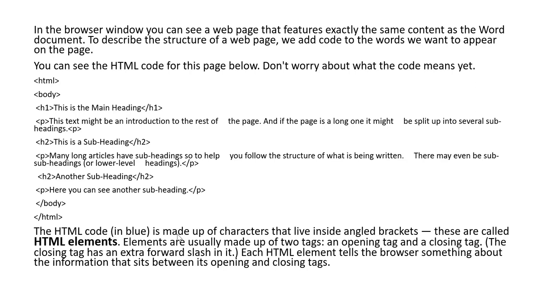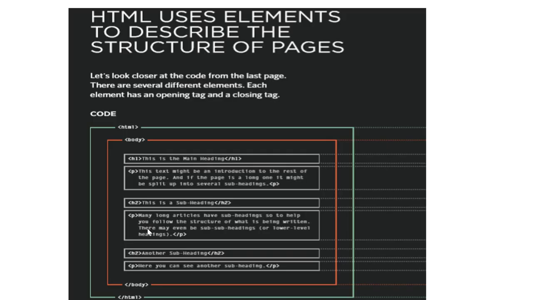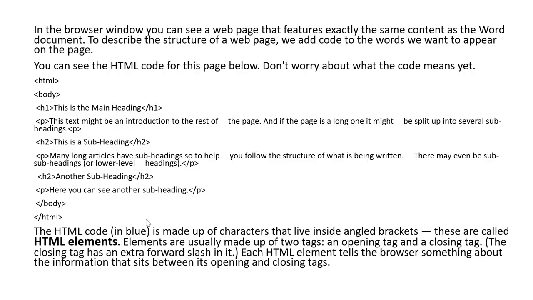The code in blue, meaning in the browser you see in blue color, is made up of characters that live inside angular brackets. They are called HTML elements. What is an HTML element? HTML elements are those elements which are inside the angular brackets, like this h1, body.